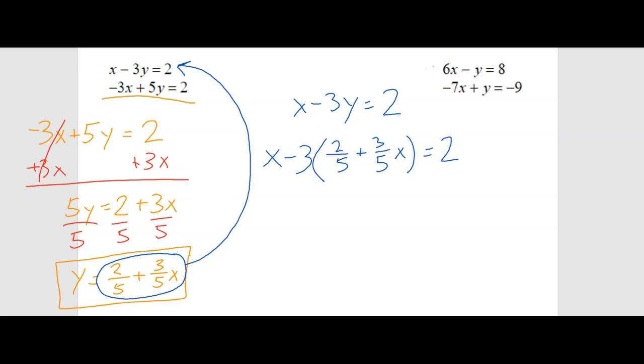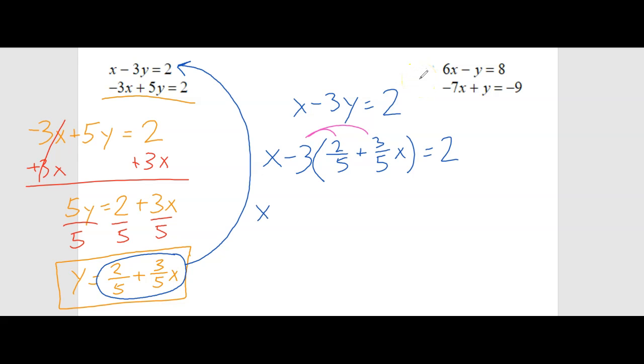So solving it this way would get you the same value of x, right? We did say x was equal to -4. So if we solve this, we should get that x is equal to -4. But look at how much extra work we're going to have to do, right?